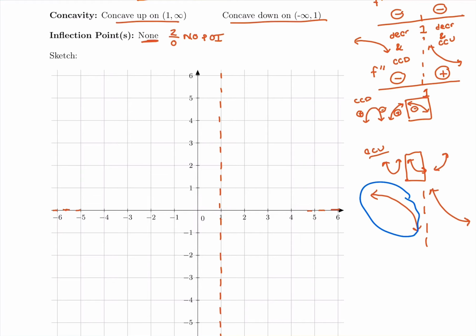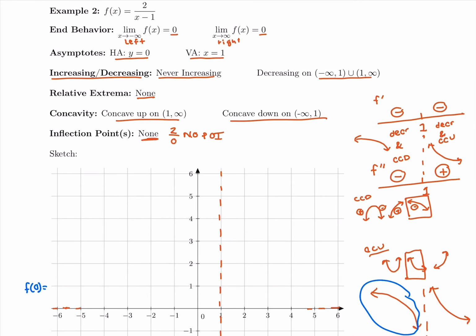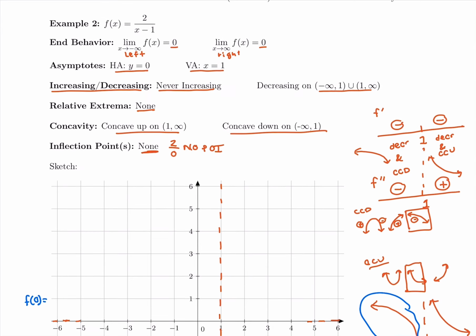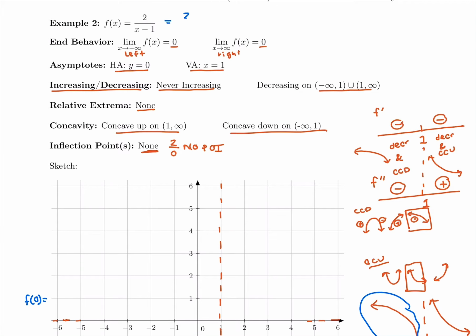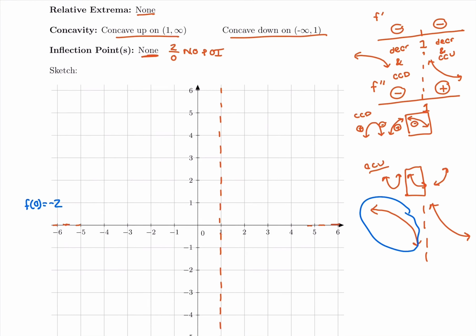Maybe I'll plug in f of 0 to see what that y value would be. So f of 0 would be 2 over 0 minus 1. So you'd have 2 divided by negative 1, which is negative 2. So f of 0 is negative 2.